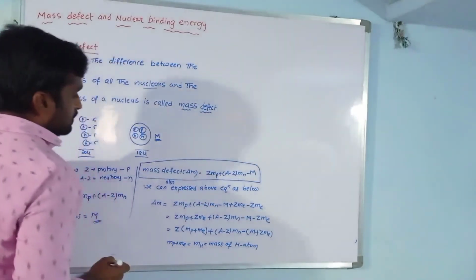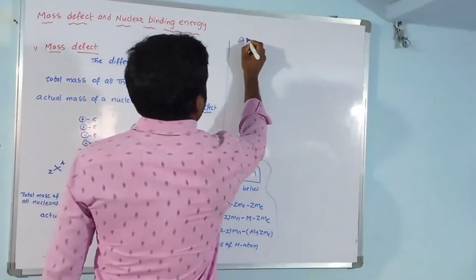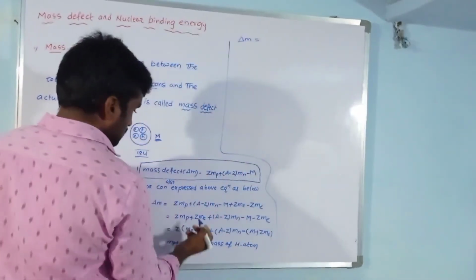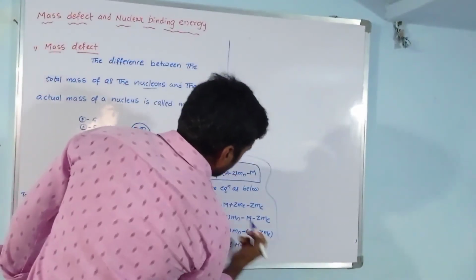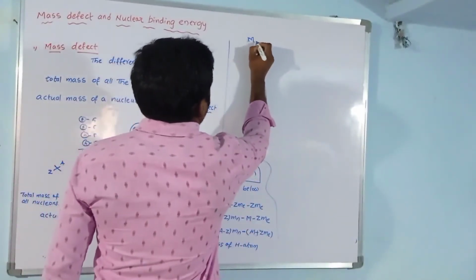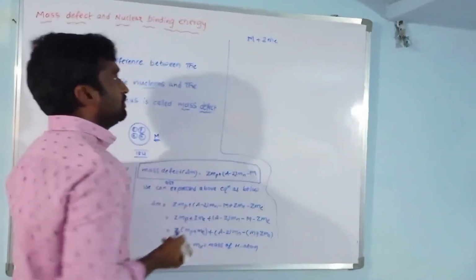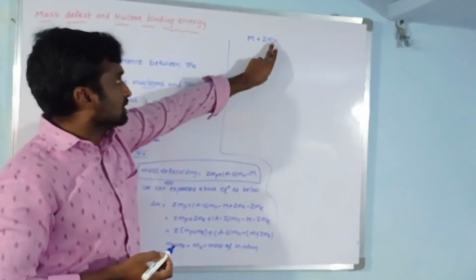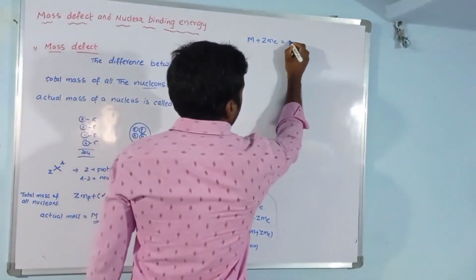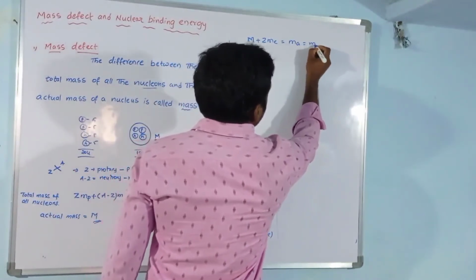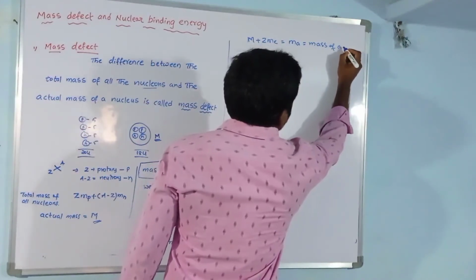So the mass defect delta M equals Z times that, and capital M plus ZMe is the actual mass of the nucleus plus the mass of the electrons. So it gives the mass of the atom.